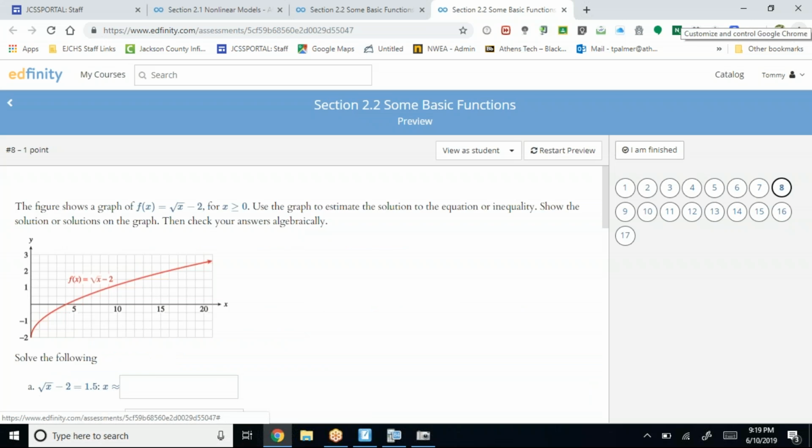What we can do is, Mitzi, you have a TI 83 or 84? Yes. Okay. So I'm going to show you how to do this with the calculator.